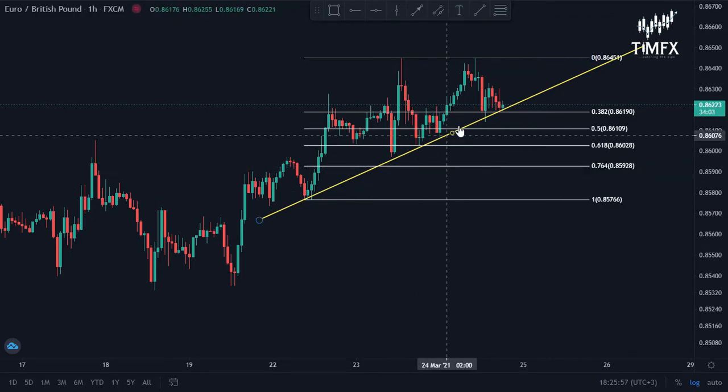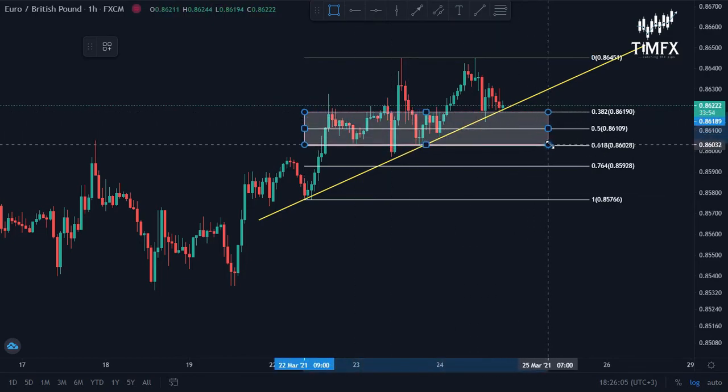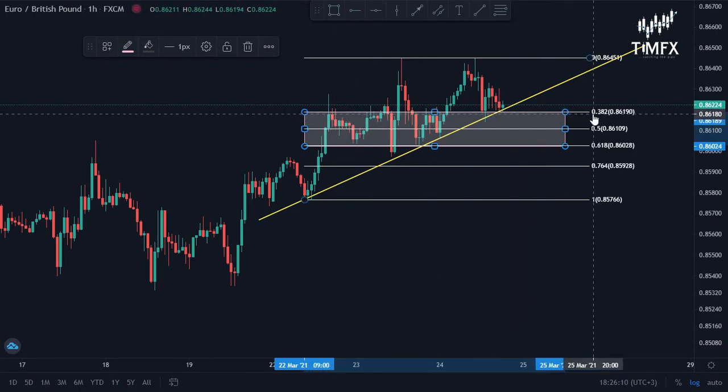Okay, so that's it. And if you look at this 38.2% Fibonacci level, from here to this point here, this 38.2% Fibonacci level and the 61.8% Fibonacci level formed the resistance and support respectively.